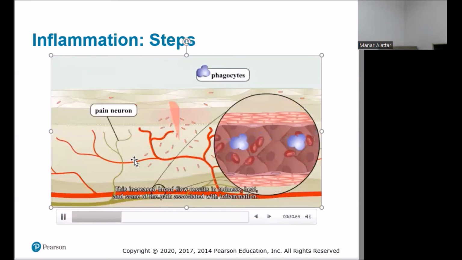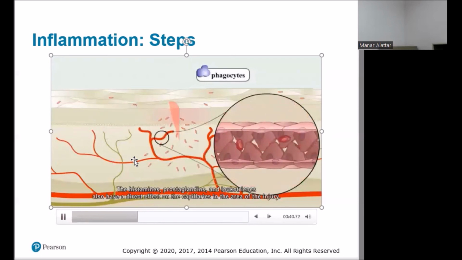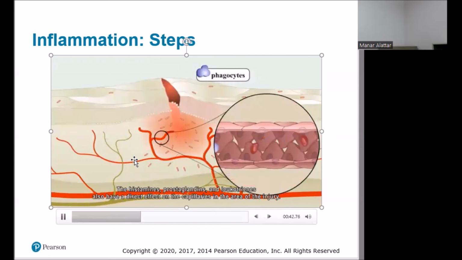This increased blood flow results in redness, heat, and some of the pain associated with inflammation. The histamines, prostaglandins, and leukotrienes also have a direct effect on the capillaries in the area of the injury. They cause the walls of the capillaries to open and become leakier.